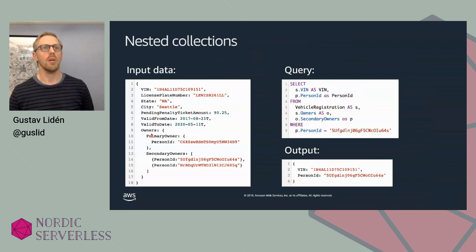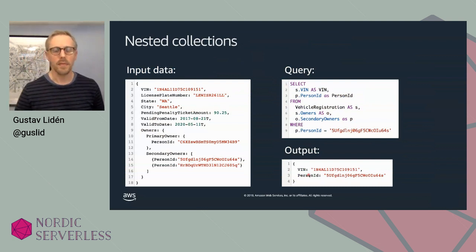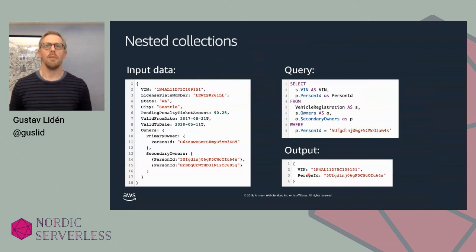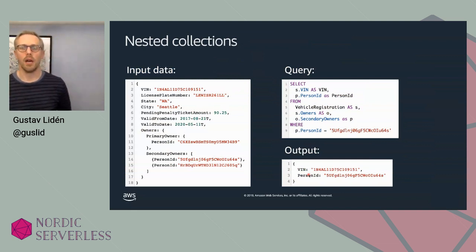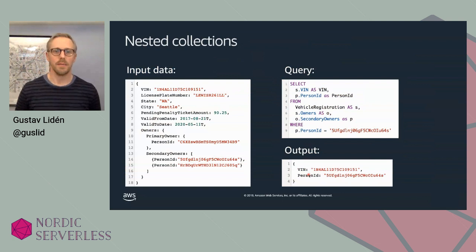You see here that the owners contains a primary and secondary owner, and this query is looking for secondary owners with this specific ID. It's finding one here and returning this output. I'm going to be doing some demoing using PartiQL moving forward, so we'll come back to that.